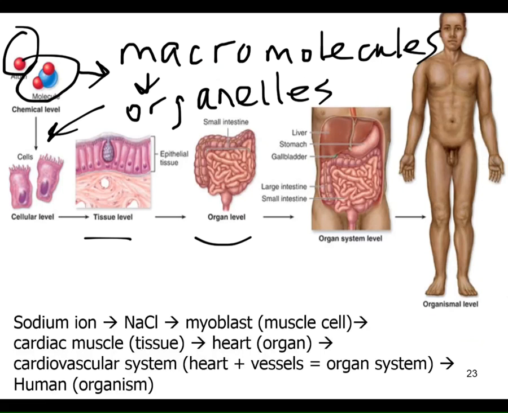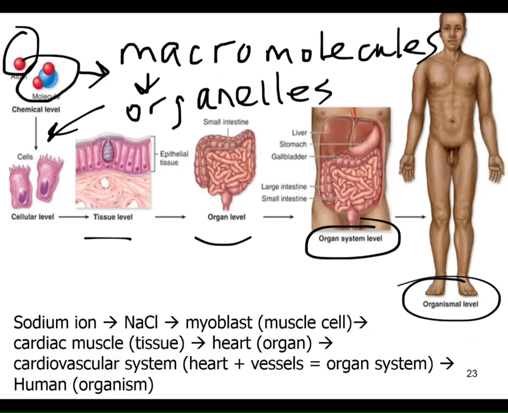Those organs combine into different combinations called organ systems or body systems, like the digestive system or the cardiovascular system or the urinary system. And then all of those 11 systems, 12 systems if you count the 2 reproductive systems, then combine to make the organism, right, at our level.